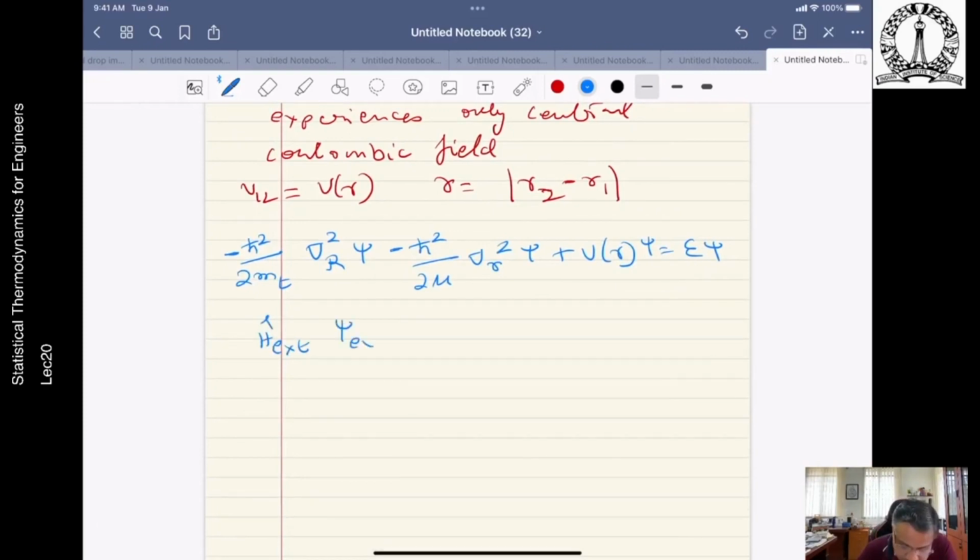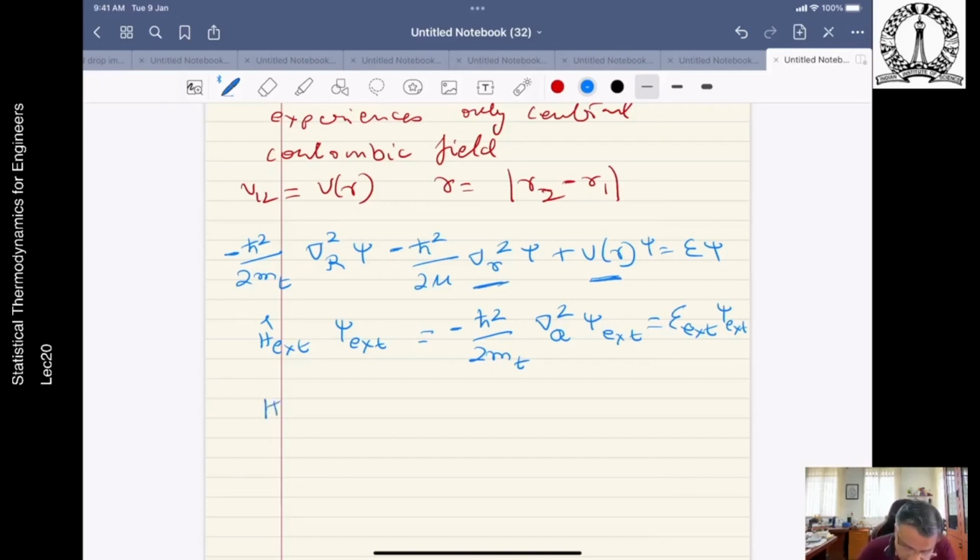So H external into psi external. This is the wave function due to the external energy mode, h bar squared by 2 M_T into the Laplacian in R squared psi external, which is equal to energy external times psi external, because as we know, these two are due to the relative motion. It's excluded.